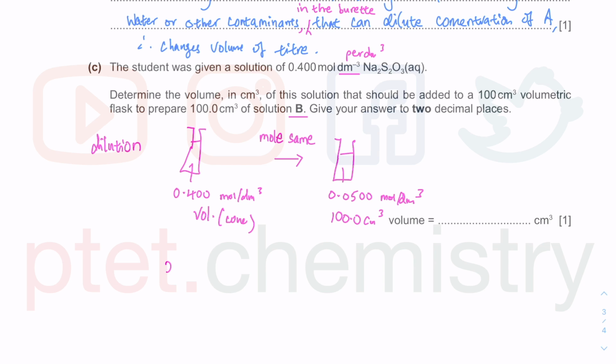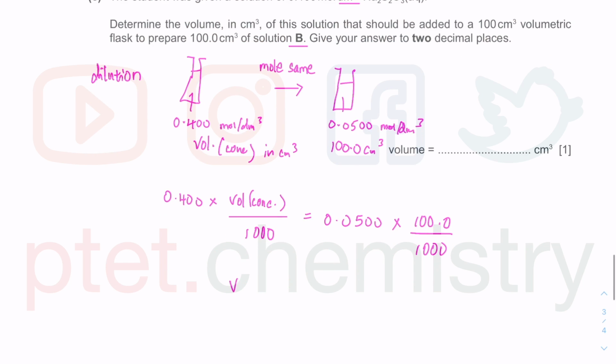So the mole is the same, so 0.400 mole per dm cube times the volume of the concentrated solution. If this is in cm cube, let me say this thing is in cm cube as well, then I have to divide it by 1000, because mole per dm cube times the volume in dm cube is equal to the mole here. So what I get then in the end is volume of concentrate.